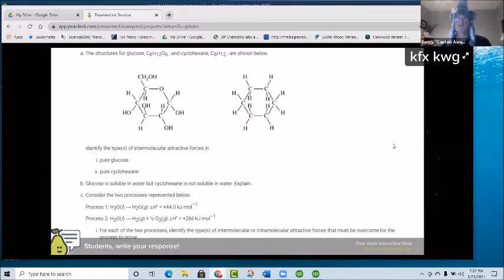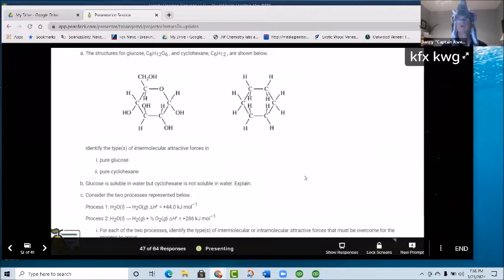And then for process 2, basically what they're saying is, can you point out that in process 2, you're breaking the covalent bonds inside the molecule? So they're getting you to differentiate between the intermolecular forces, the hydrogen bonds holding water together, versus what holds an individual water molecule together. And those would be covalent bonds, right?